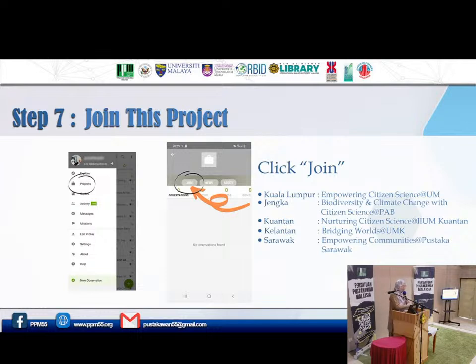Type it first, then click join. I need to look around because I'm worried that yesterday there was a problem to join. Now you look here. Let me see. Yeah, thank you, join.